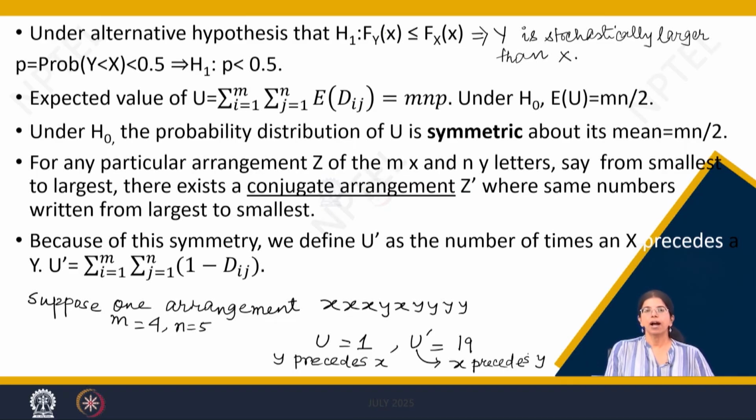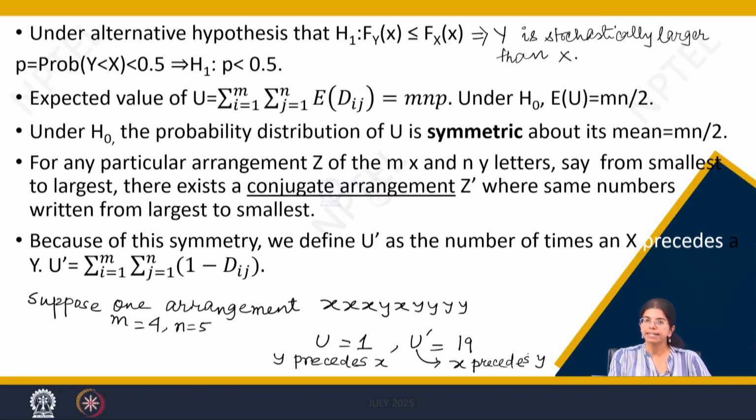Clear? So, for that conjugate arrangement, we may define one more test statistic, called U prime, and U prime is the double summation of 1 minus Dij. Suppose you have one arrangement like x x x, y x, y y, y y. How many x's are there? The value of m is 4.